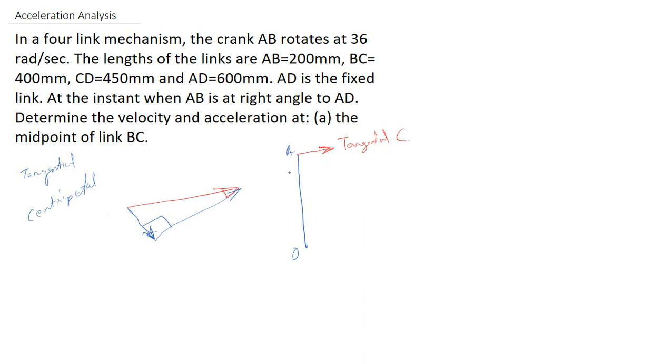And the acceleration which is along the link, towards the fixed point. Here O is the fixed point, so the direction of the vector will be towards the fixed point, like this.